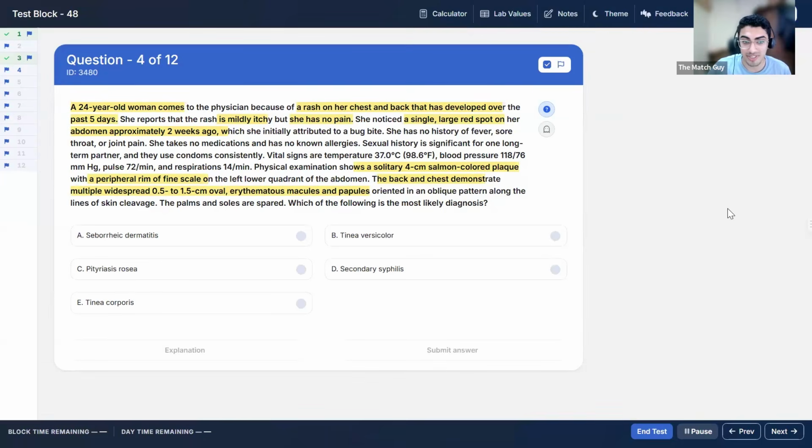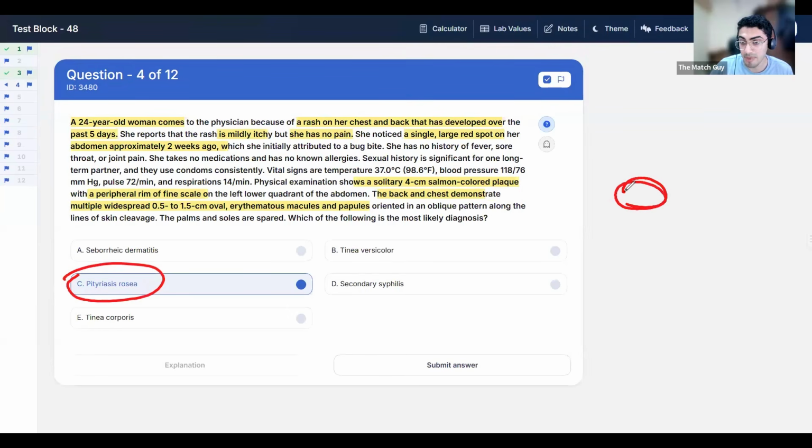So this patient is presenting with pityriasis rosea. Patients with pityriasis rosea present with a big rash or a big lesion at first. We call this the herald patch. After that, they will have smaller lesions, okay? And it will cause a Christmas tree appearance on the trunk or on the back.